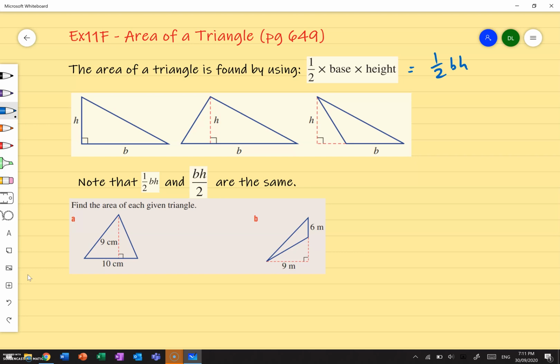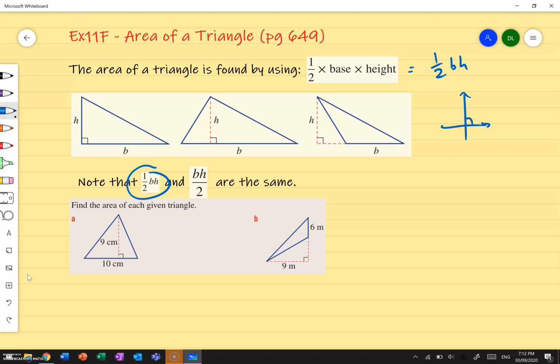For those of you that don't remember what perpendicular means, it means the lines make a perfect cross, like a 90-degree angle. So in this case, I've got my base is this line over here. Even though my base is only from here to here, the height needs to be perpendicular. So from here to the very top would be that line there, or this line here. Our height is always going to be perpendicular to the base, and it goes from my base to the very top of the triangle.